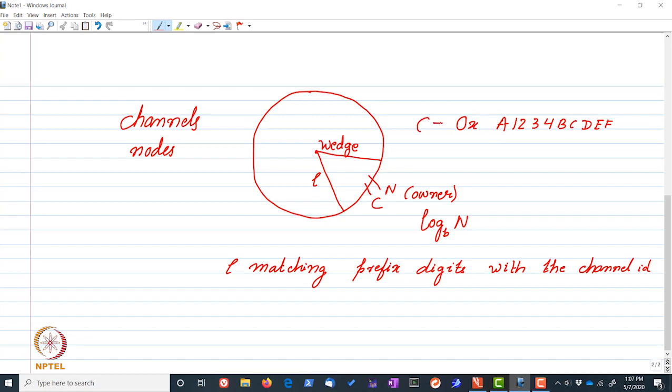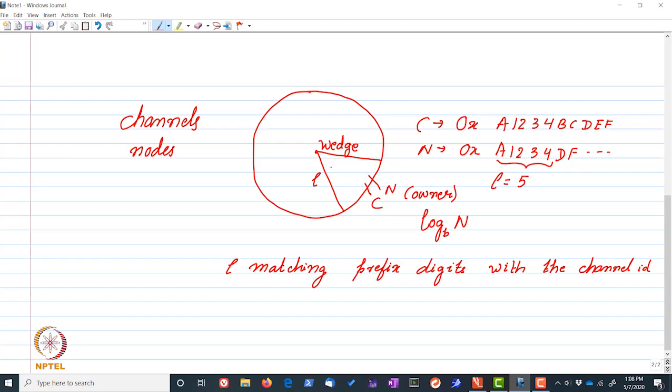So if this is the channel, then for a given node, let's say it is a part of the wedge that is monitoring the channel, I'll come back to what is monitoring the channel, but let's look at this for the time being, and let's say it diverges from here on. In this case, the polling level is equal to the number of matching prefix digits. In this case, the number of matching prefix digits is 5. So the polling level is 5.